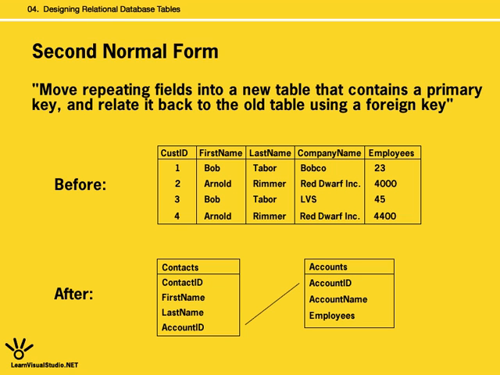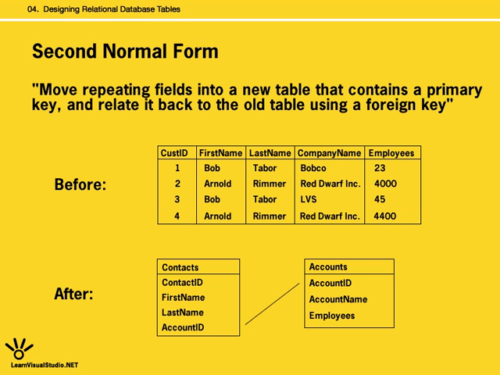In other words, as you can see, there's 2 Bob Tabor records, record number 1 and record number 3, customer ID 1, customer ID 3. One of them has him working for a company called Bobco, and the other one has him working for a company, LVS.